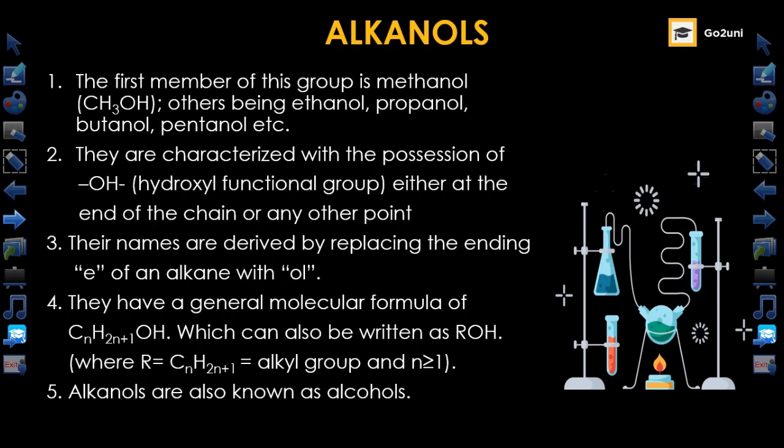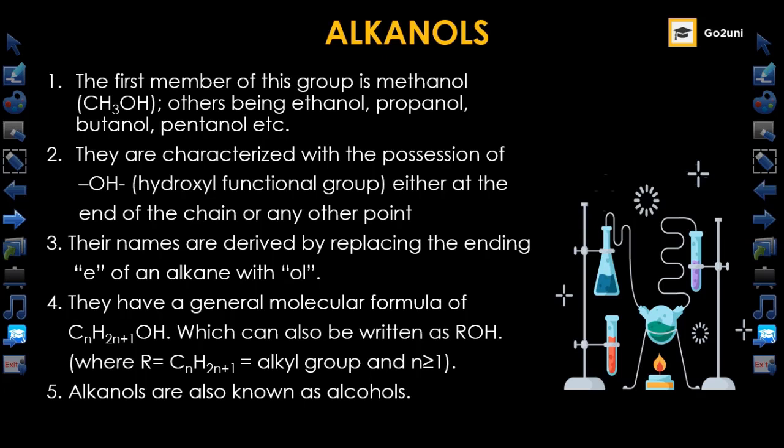It is an alkyl group because it was initially an alkane that has lost one hydrogen atom, and that is why we have it as an alkyl. And we have talked about alkyl before now. The value for n in that general molecular formula is greater than or equal to 1. As we have said before, alkanols are also called alcohols.